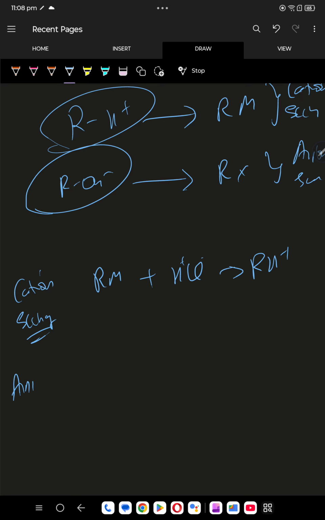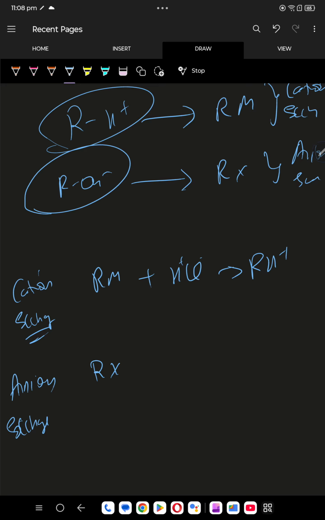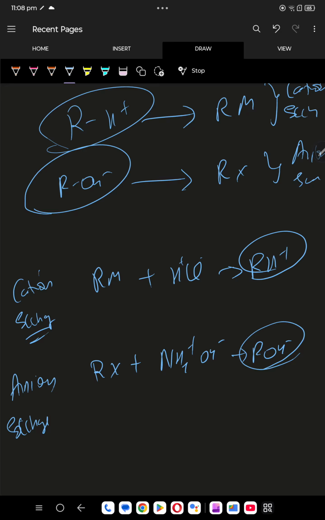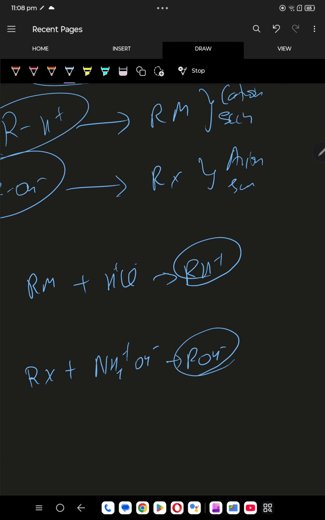For the anion exchanger, RX is there. We can wash it with a base, so NH4+OH-. So the OH- will become ROH-. So we got back this. Again this we can use with a cation like Ca2+, and we will get R2Ca plus H+.